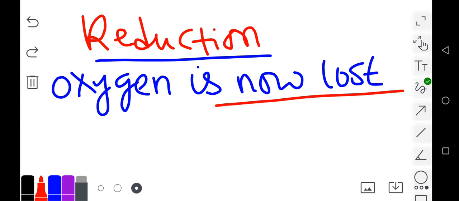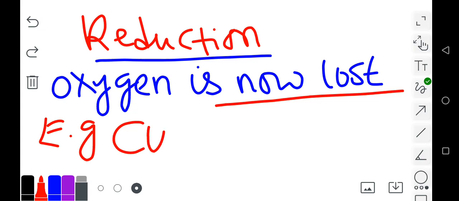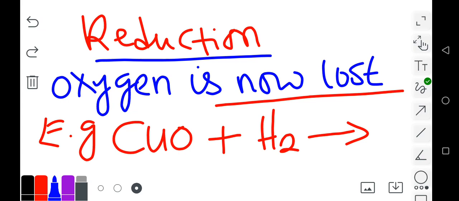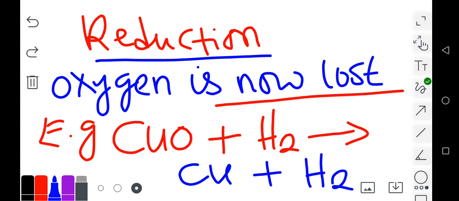So we can see in this example, we are going to have copper oxide reacting with hydrogen to produce the copper plus the H2O.